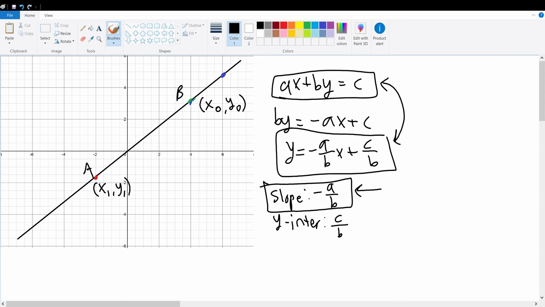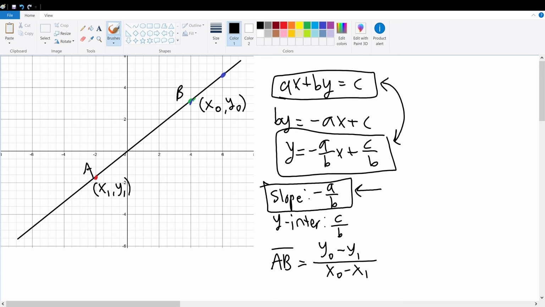To find the slope of segment AB, or in other words, the average rate of change between points A and B, this will be equal to the slope, that is, the change in y, y0 minus y1, over the change in x, which is x0 minus x1.